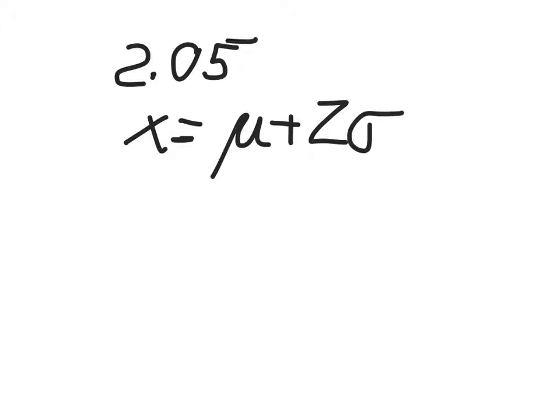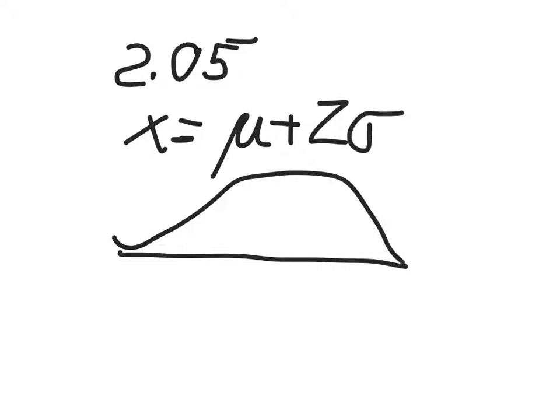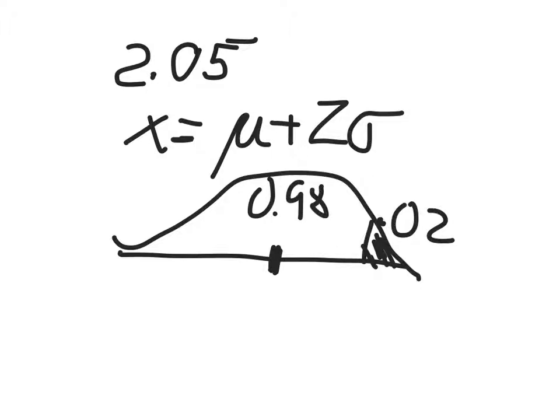Because I'm looking for the value in my new probability that represents the upper 2%. Okay, so here's 2%. The rest of this represents 98%. All right? And so that's what I have to look at.